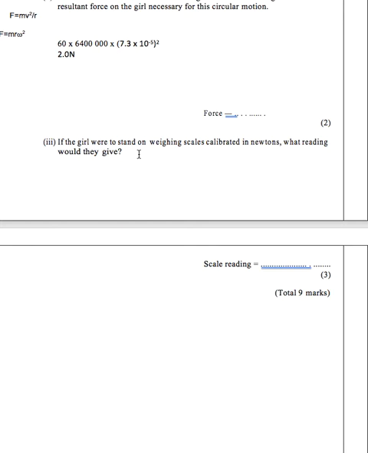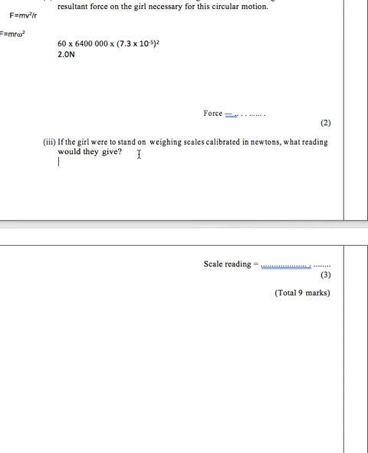Now, if you think about the car over the bridge, when the car was parked or the van was parked on the top of the bridge, the reaction and the weight were the same. But as the car began to drive over the bridge and perform that circular motion, then the reaction got less.